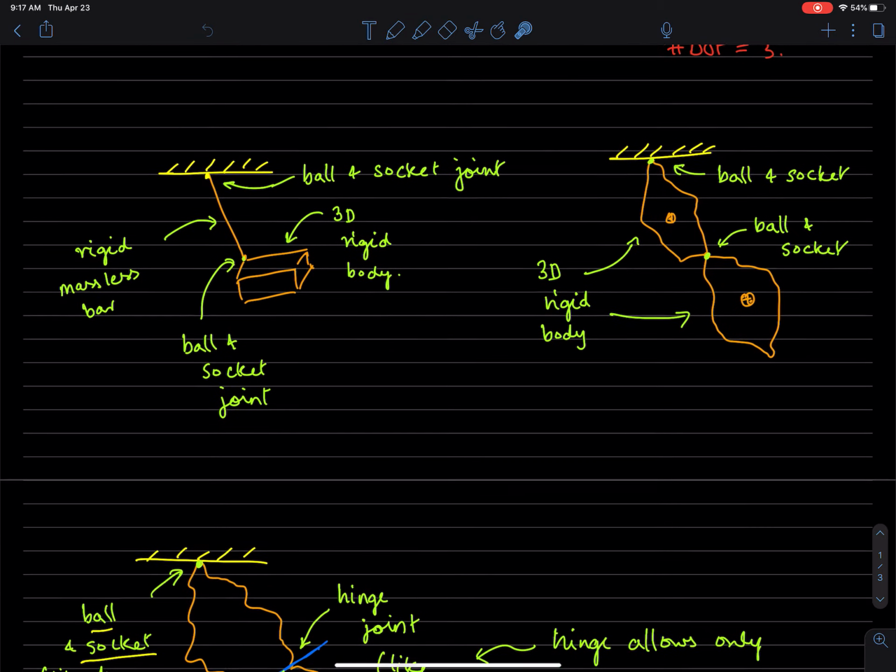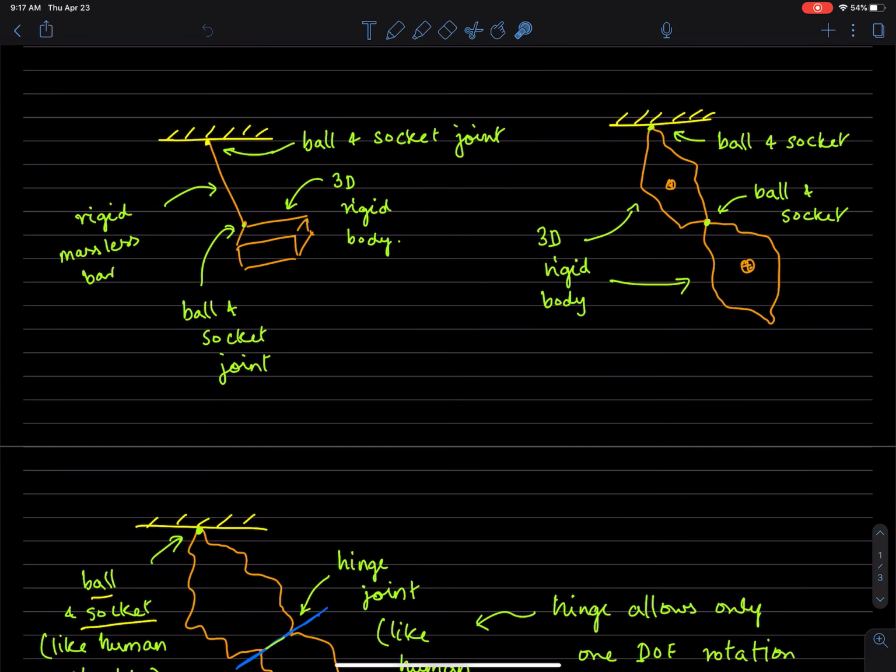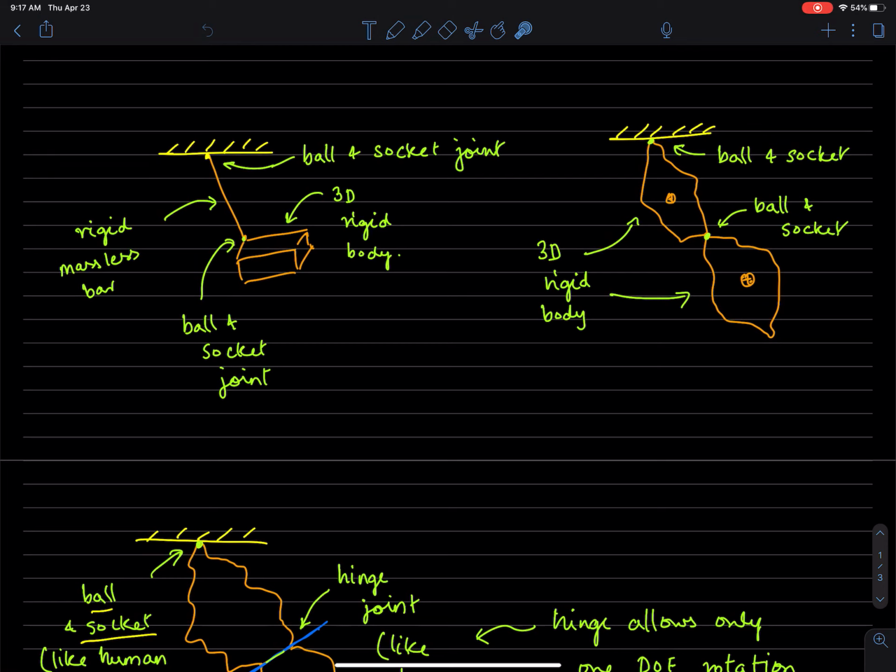And then we can imagine a double pendulum, but made out of rigid bodies. So you imagine a rigid body and then a massless bar that connects this point and this point, a massless bar or a taut string, so that this length does not change. And then we have a rigid body, and this point is what we would call a ball and socket joint again, where it can rotate in any direction, but this point cannot move.